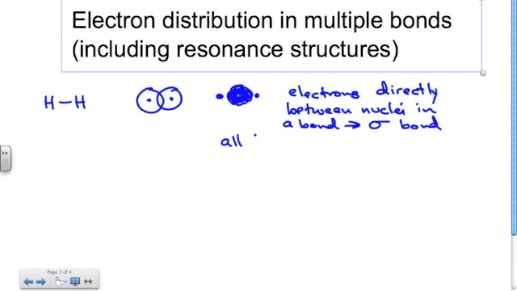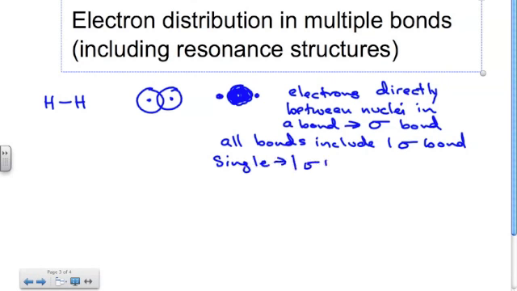All bonds include one sigma bond. Okay, so if it's a single bond, it's going to have at least one. If it's a single bond, it will have one sigma bond.